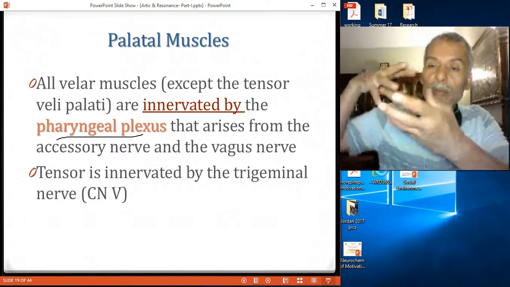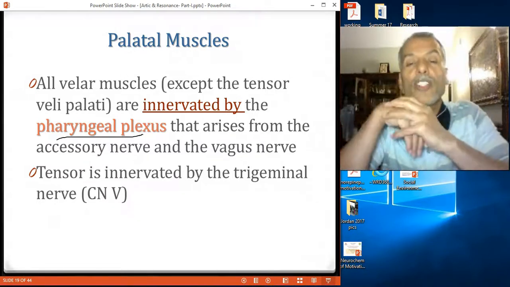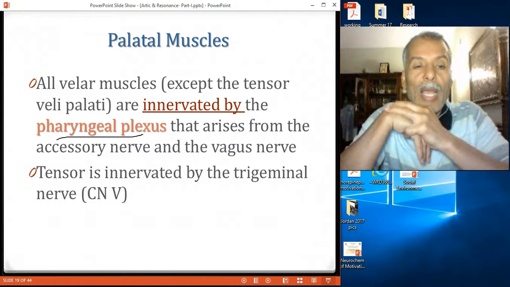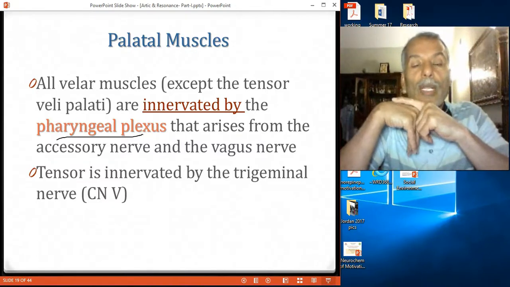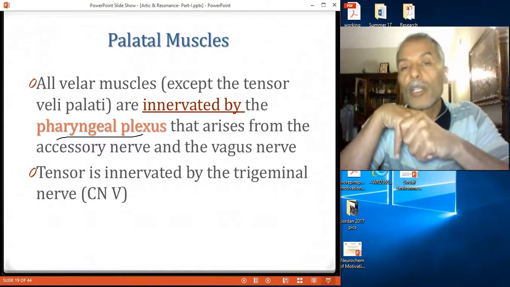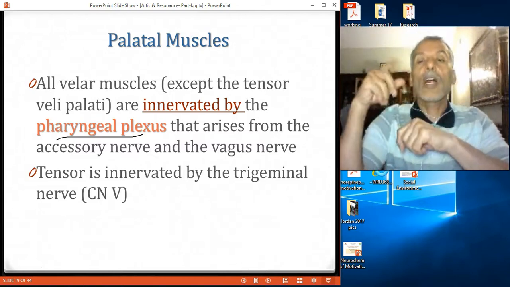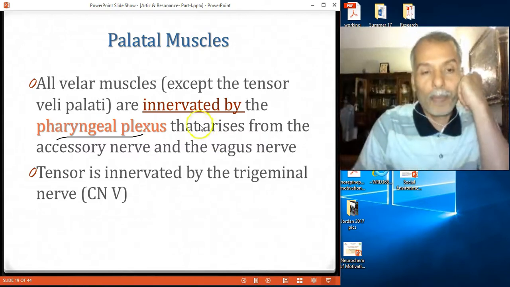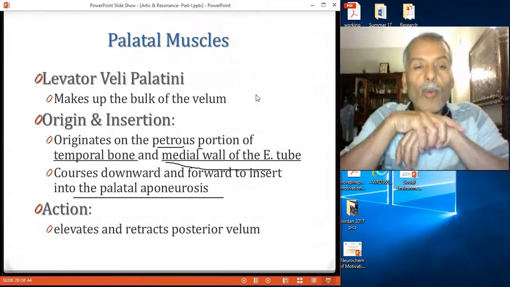They come together, extend branches, and make like a hub that's called the pharyngeal plexus. And then the only one that has its own innervation is the tensor veli palatini. It is innervated by cranial nerve number 5, which is the trigeminal nerve. So now let's look at the muscles one by one.